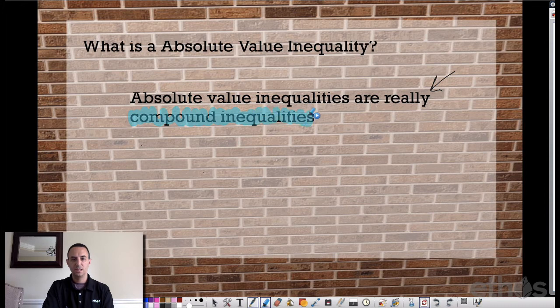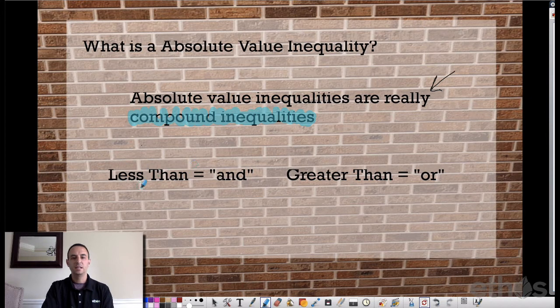If you remember from my example, less than inequalities were ands. So anytime you start with a less than inequality, once it's isolated, you're going to have an and inequality. And just like with a greater than, after you've isolated the absolute value, you're going to have an or inequality. That's what we're going to take a look at as we go through today.